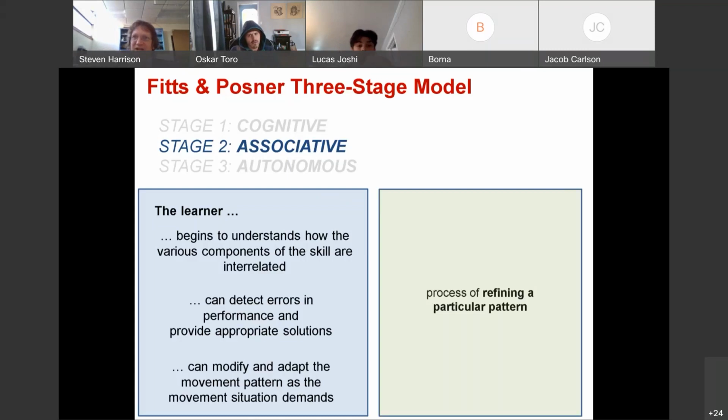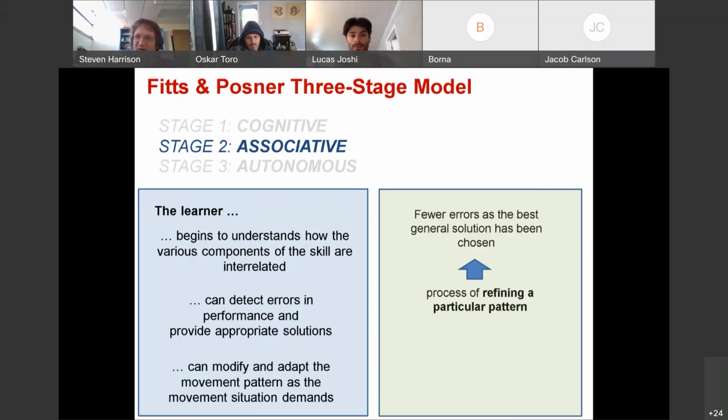Okay, so this is the process of refining the particular pattern. In the cognitive stage, you come up with a gross pattern. In the associative stage, we start refining that pattern. In terms of the characteristics of what we might see, we would expect to see fewer errors, because the best general solution has been converged upon, and what we're going to be doing is taking that ballpark good enough solution and refining it.